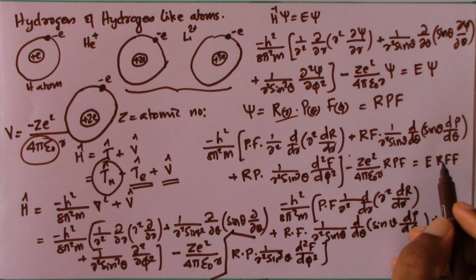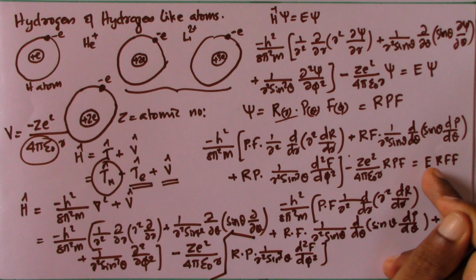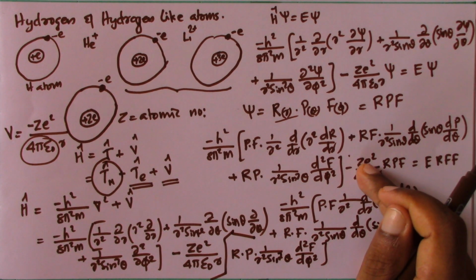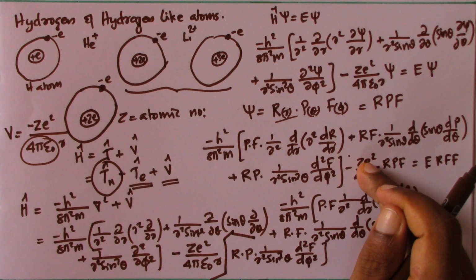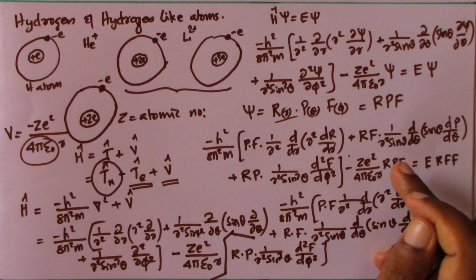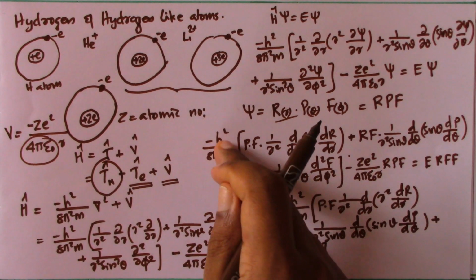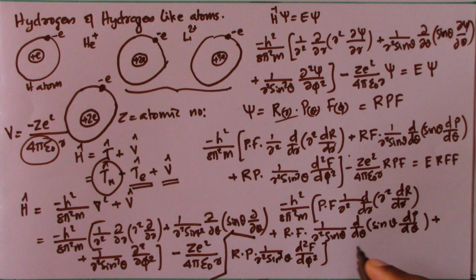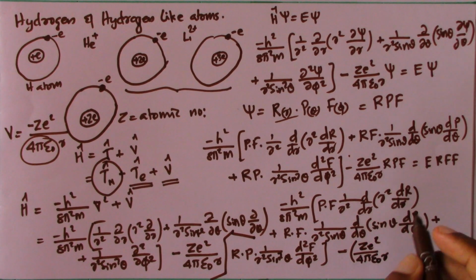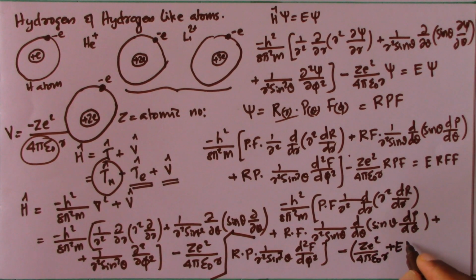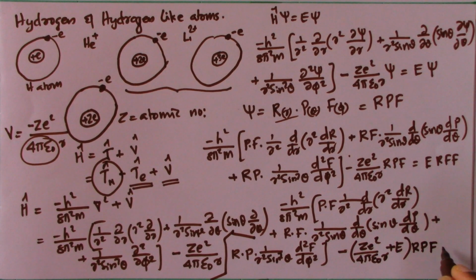Okay, now I am going to bring the term on the right hand side to the left hand side, so that we will get minus of Z e square divided by 4 pi epsilon 0 r plus E into R P F is equal to 0.